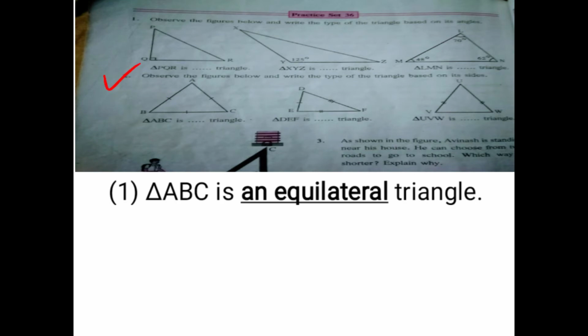Here, in this type of question, you don't have to state whether it is acute angle, right angle or obtuse angle triangle. In this type, you have to see the sides. Here three sides have the same mark. If you have the same mark, triangle ABC is an equilateral triangle.